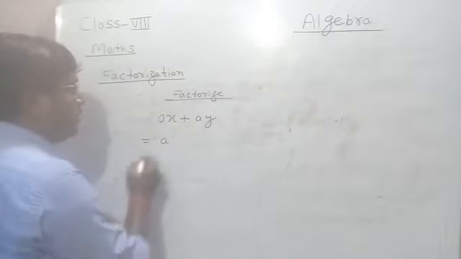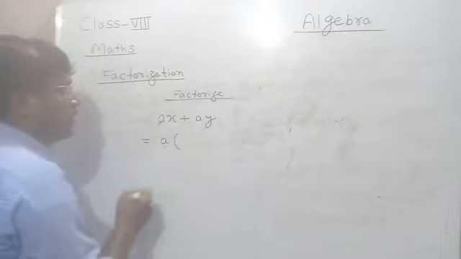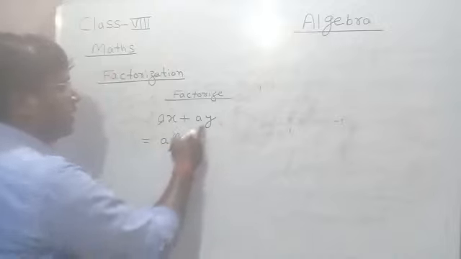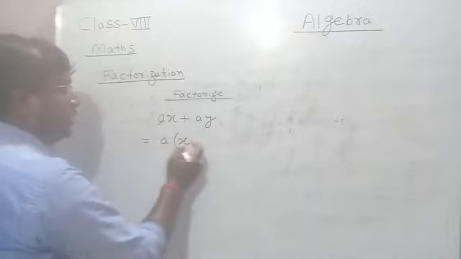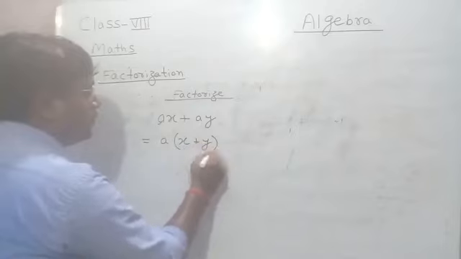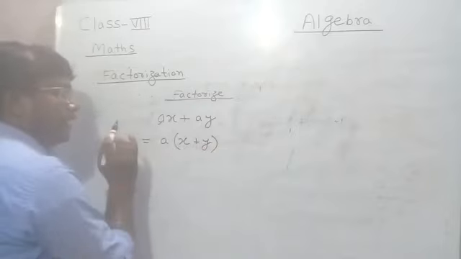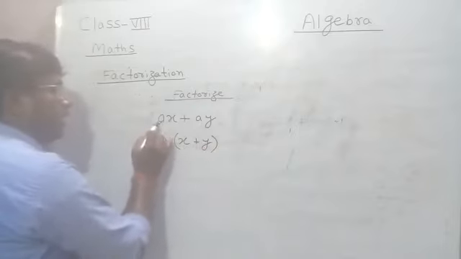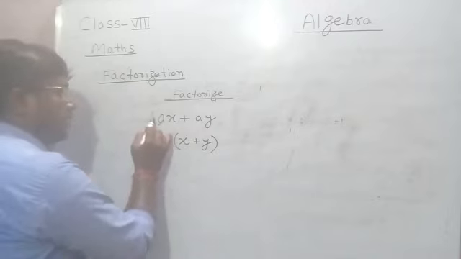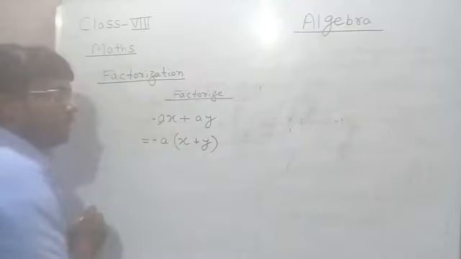From the first term, if I take a as common, what is remaining? x. And in the second term, if I take a as common, what is remaining? y. While taking the common, if the term is positive, we will take positive as common.